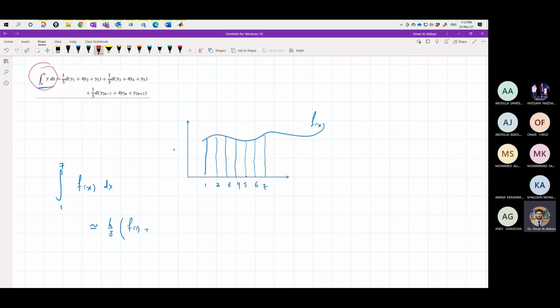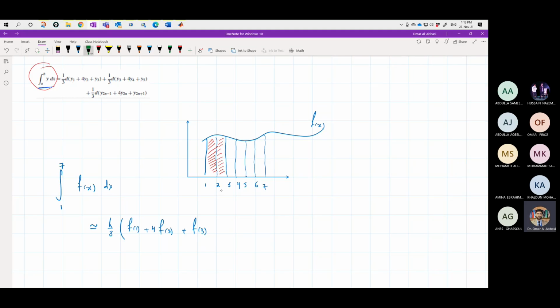By the way, guys, I am at the first interval, plus 4 times f2, plus f3. Since we are taking an even number of intervals each time, right? So that is the first 2 intervals.